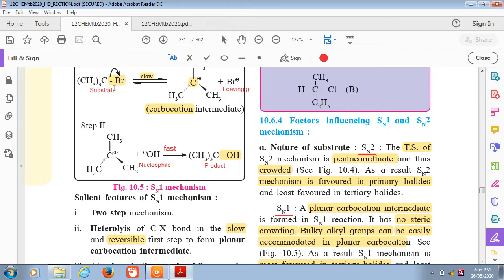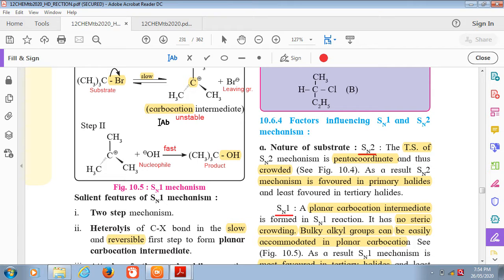As there is a breaking of the C-Br bond, it takes time, so it is the slower step, and this can be reversed again when Br minus attacks the carbocation, because the carbocation is an unstable species. That's why it takes time and it is the slower step.